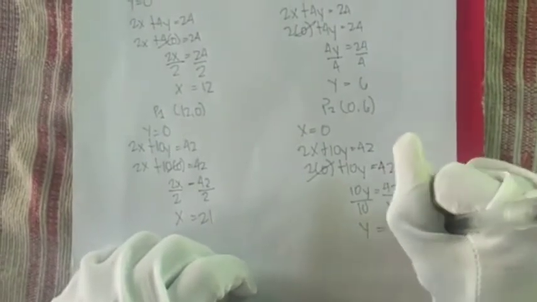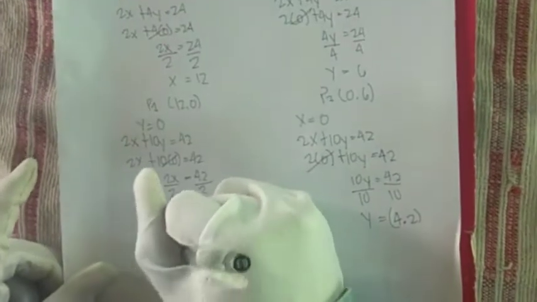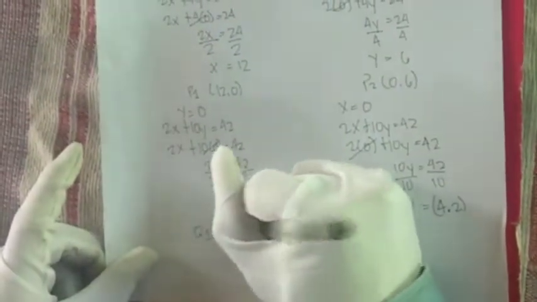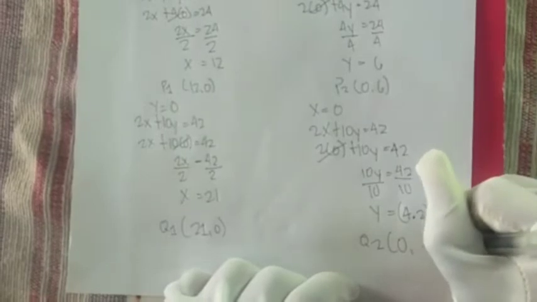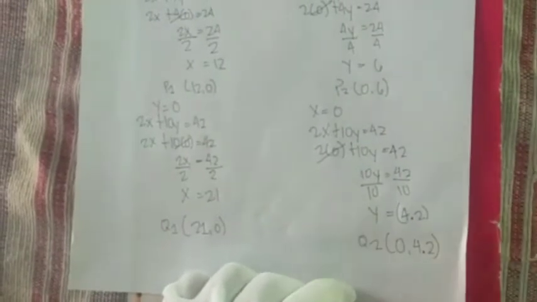So divide both sides by 10 to get the y. So our y now is 4.2. So our Q1 is (21, 0) and our Q2 is (0, 4.2).